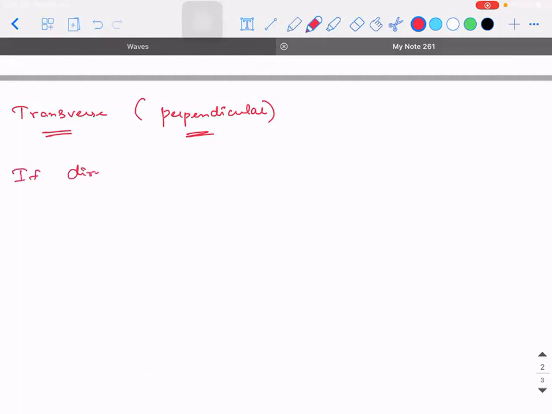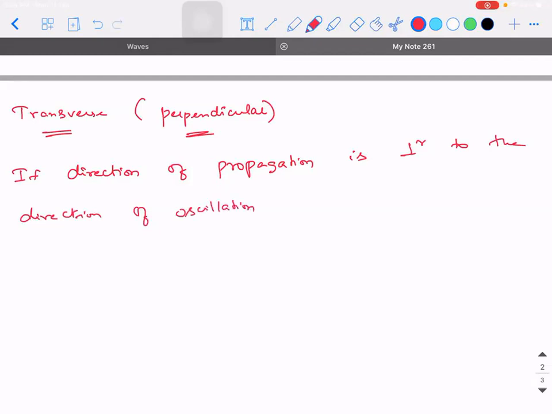If direction of propagation is perpendicular to the direction of vibration or oscillation, then that kind of a wave is called as a transverse wave. If direction of propagation is perpendicular to direction of oscillation, then it is called as a transverse wave.